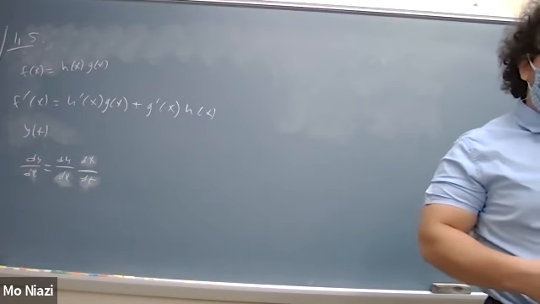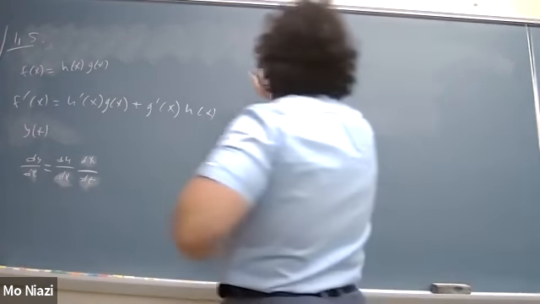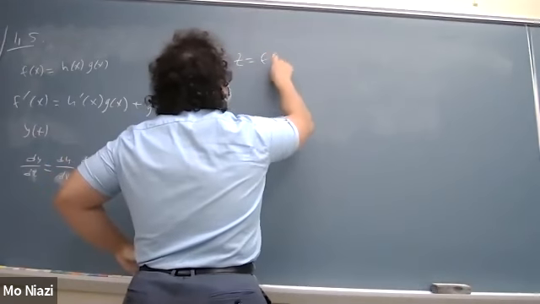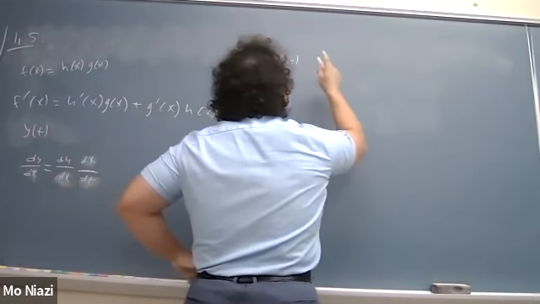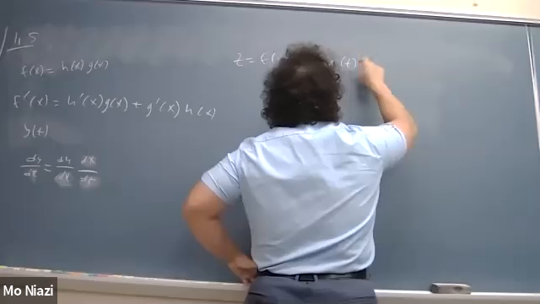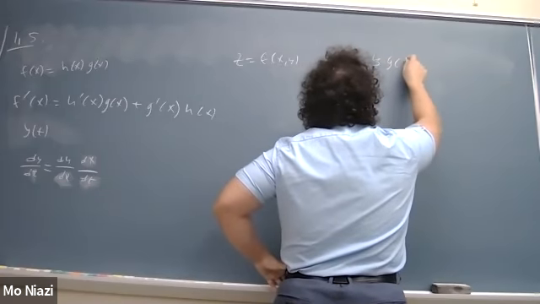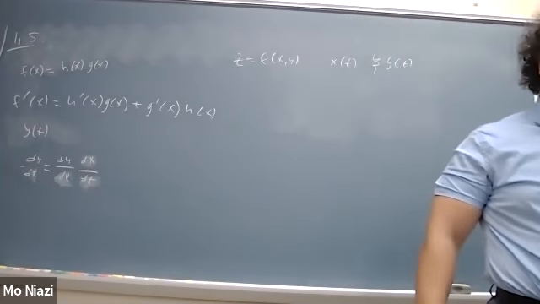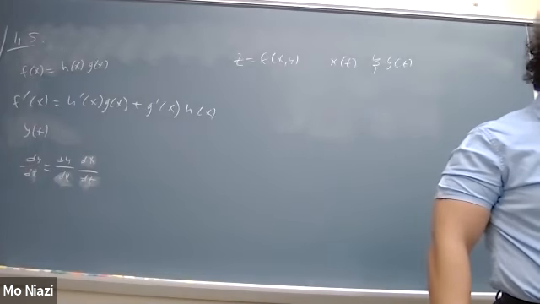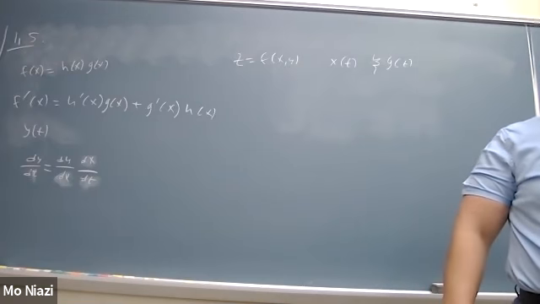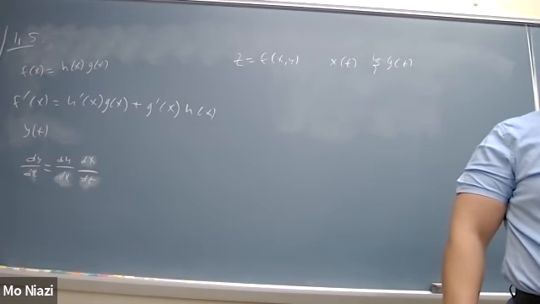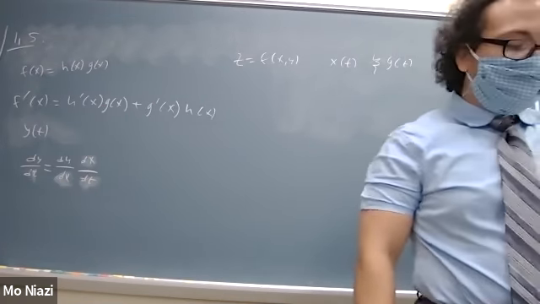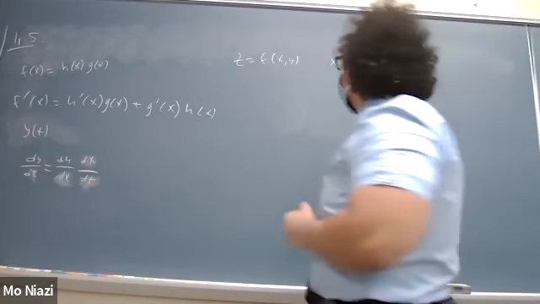So let's talk about what if you have some function z, which is equal to some f of xy, and your x is a function of t, and your y is a function of t. Okay? What does it mean to take like dz dt?